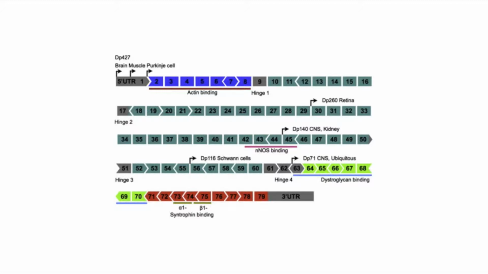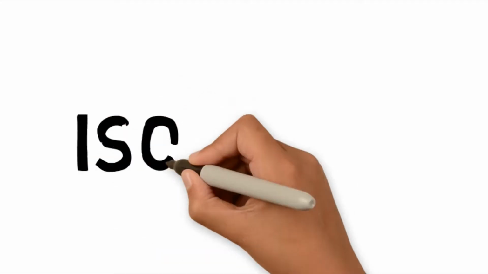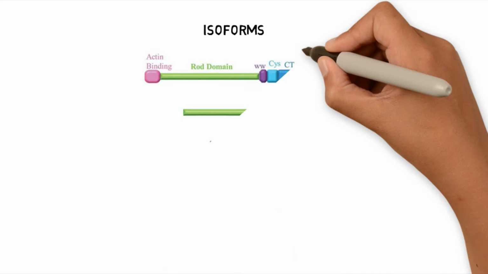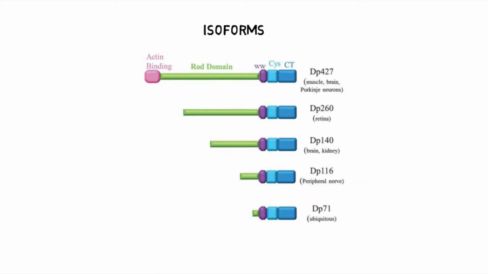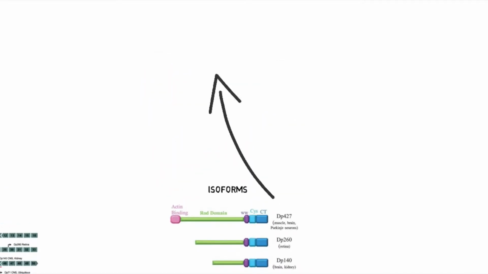There are other full-length dystrophin proteins, including DP 427C, or cortical dystrophin, and DP 427P for Purkinje dystrophin. These are called isoforms. There are also other smaller dystrophins like DP 260, retinal dystrophin, and DP 140, kidney and brain dystrophin. Therefore, patients with mutation in muscular dystrophin also have mutations in other full-length dystrophin proteins and may have mutations in the smaller isoforms, depending on the location of the mutation.